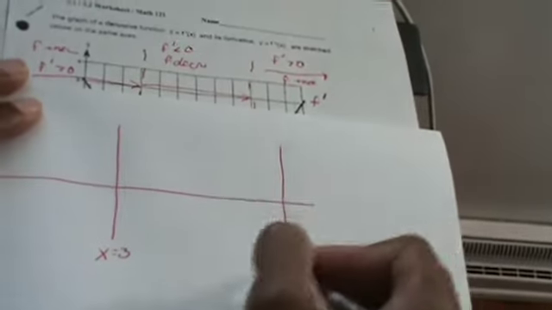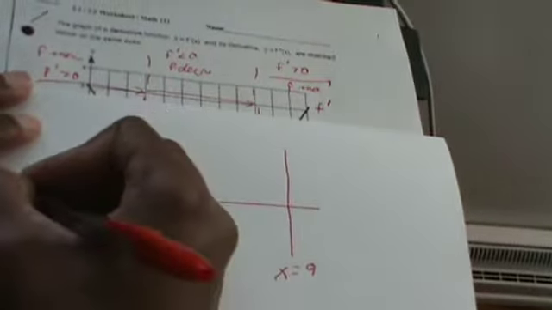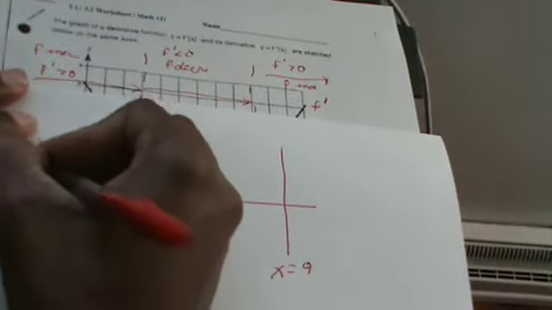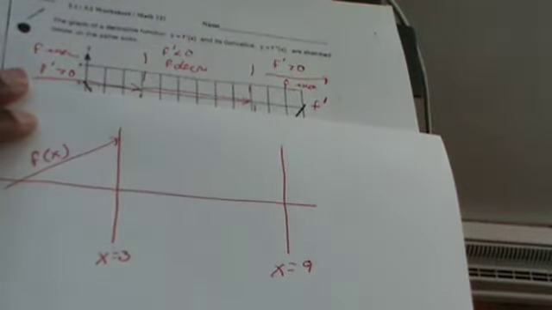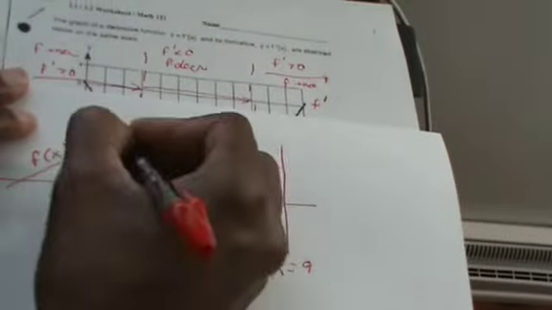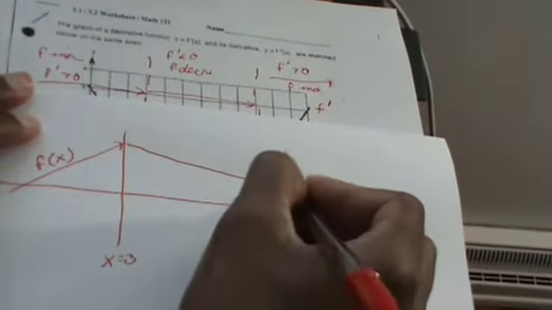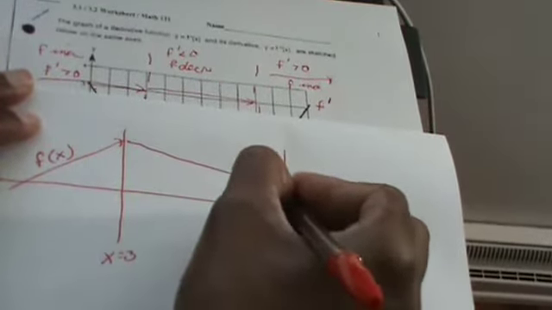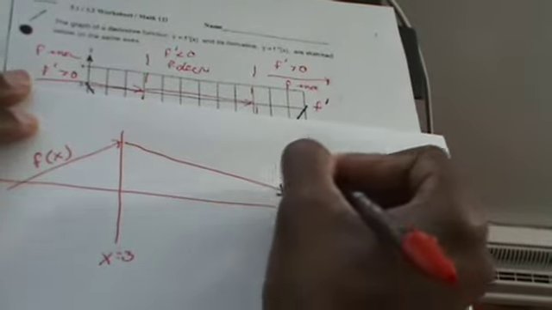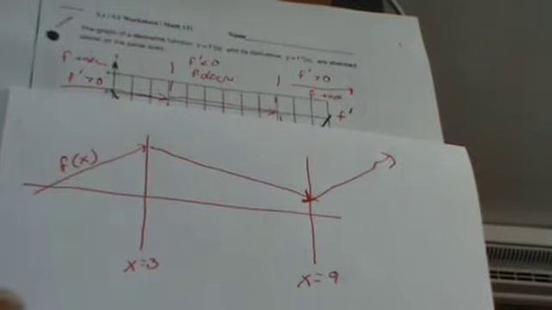And right here, I have x equals 9. Just based off of this information right here, nothing else, I can say f increases, and here, this is f of x. Okay, I didn't have it, but now I do. F decreases in here. Oops, I don't want to pass that, right? Because those are critical points. And then f is increasing over here, right? So this is a general sketch of f of x with nothing else.